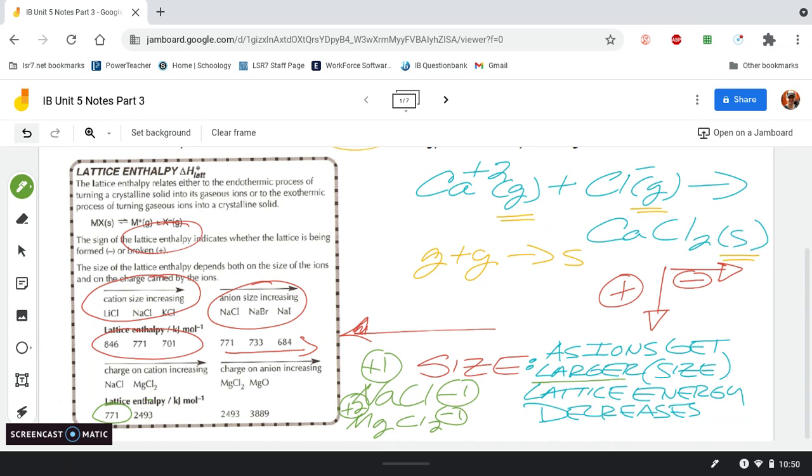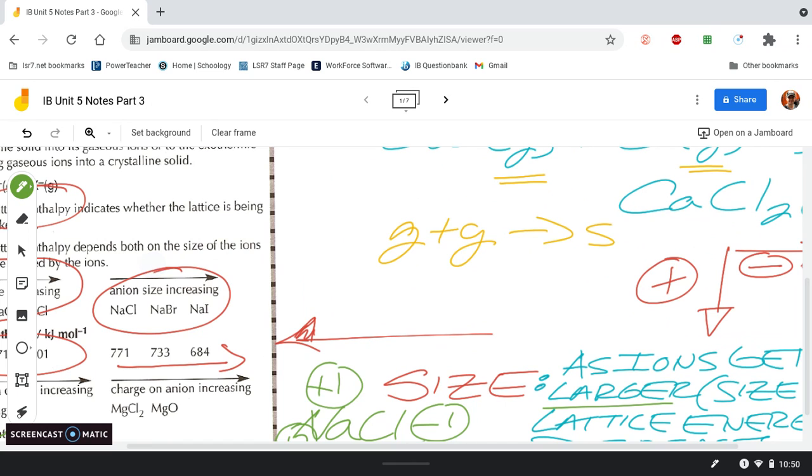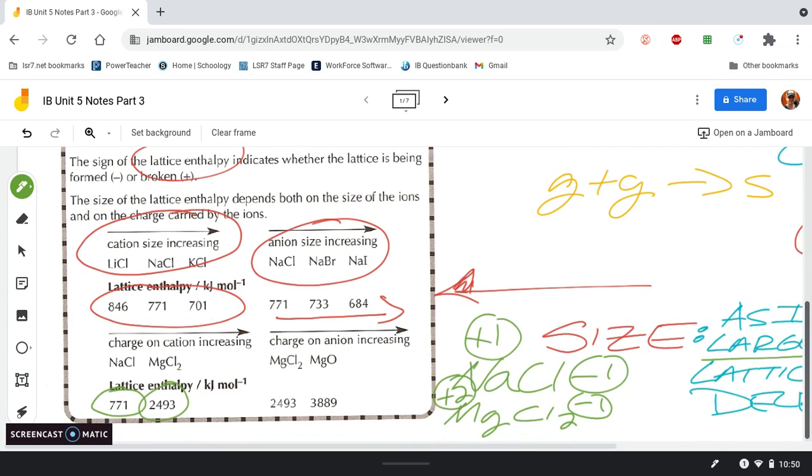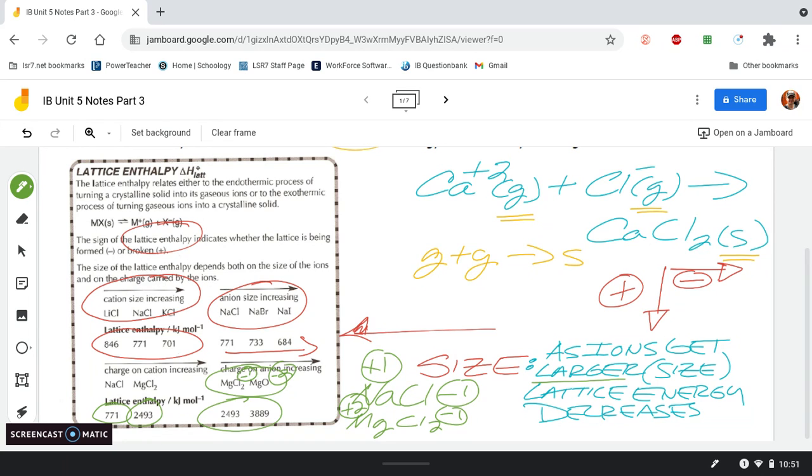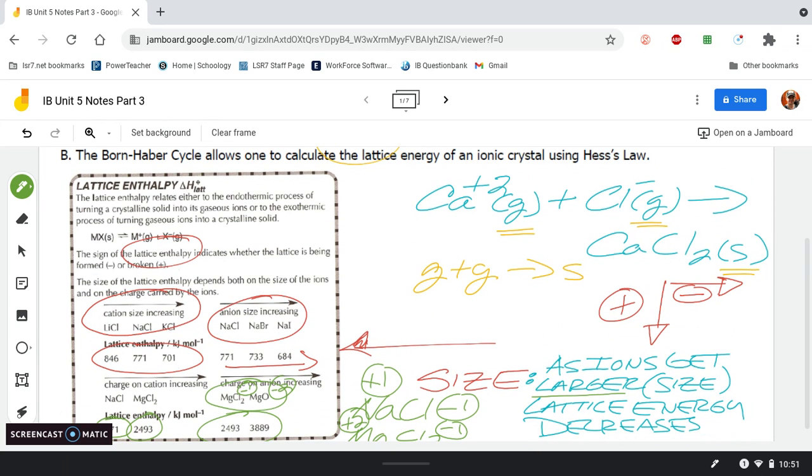771 versus 2,493. And I'll zoom in on this. So look, as the charge gets bigger, so does the lattice energy. And you can look at the minuses the same way. You had -1 and -2, same trick. All right, so we need to write that down. I ran out of space, so I'm going to have to put it right here.